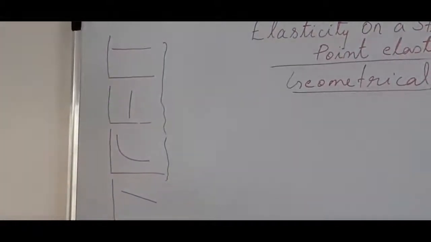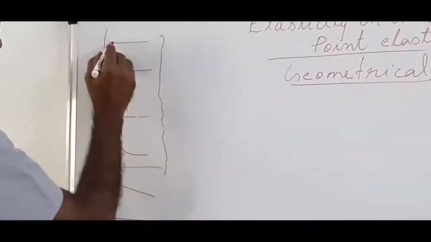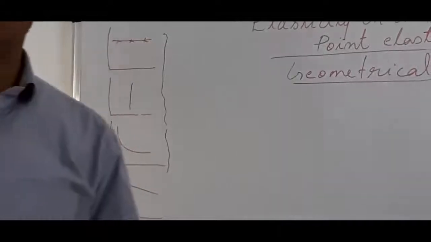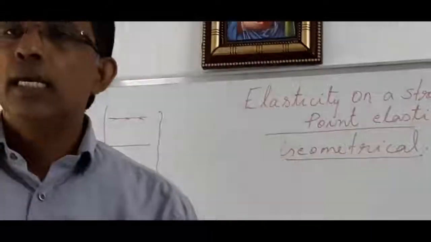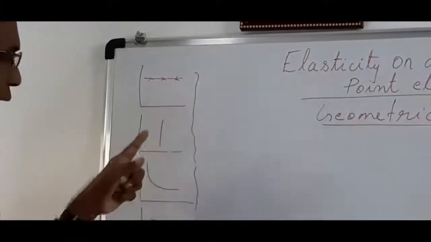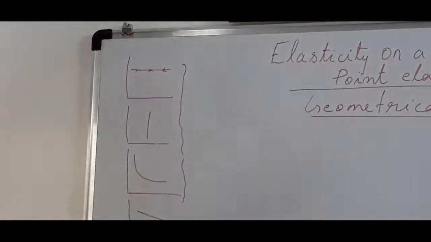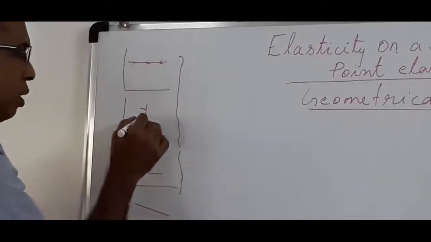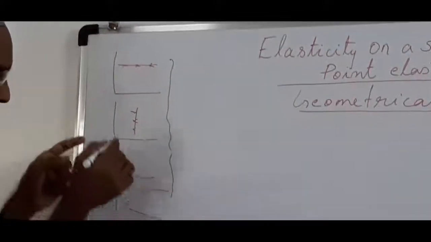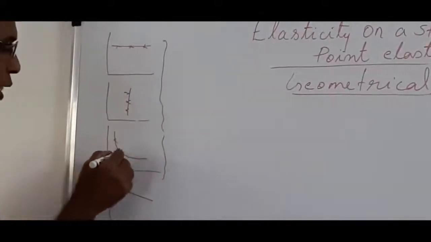cases, elasticity is constant. At all levels on the demand curve, elasticity is perfectly elastic in the case of this demand curve. And in the case of this demand curve, elasticity is 0 at all points on the demand curve. And in the case of rectangular hyperbola, at all points elasticity is unity.